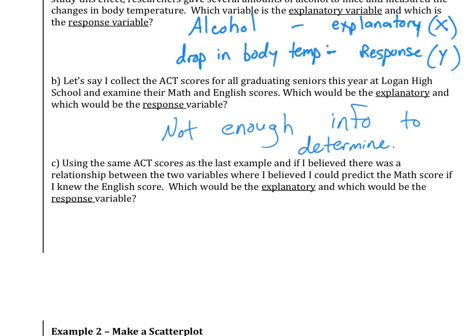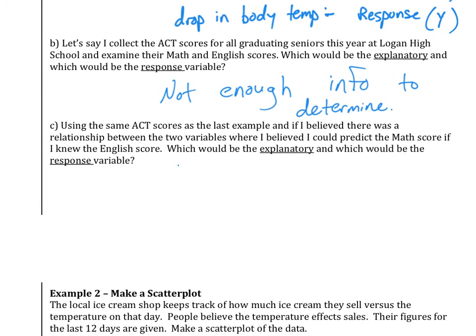And then part C, using the same ACT scores for seniors at Logan High. If you believed there was a relationship between the two variables, where you could predict the math score if you knew the English score, then we're looking at English score and math score.